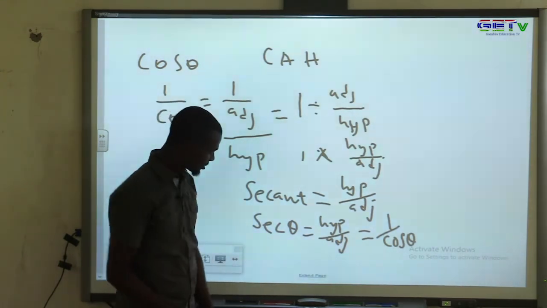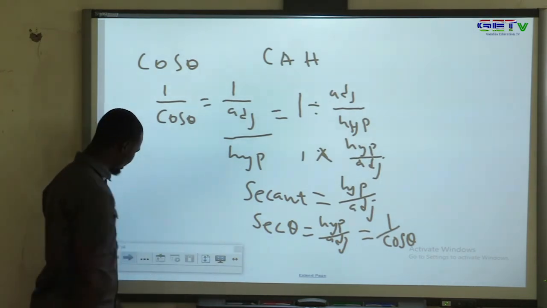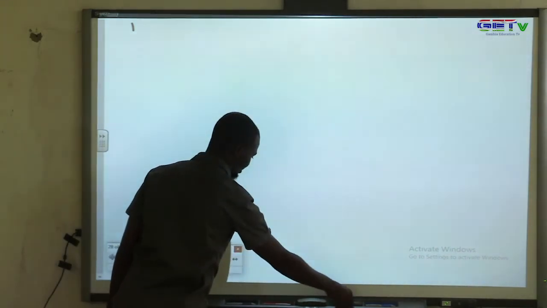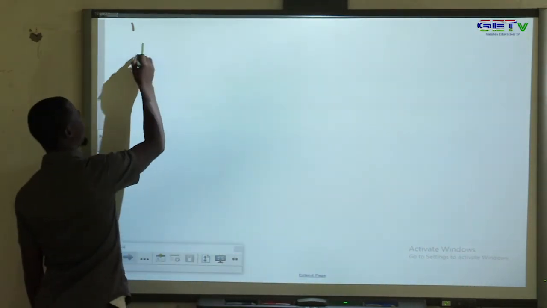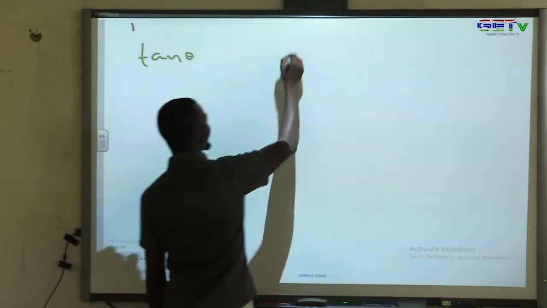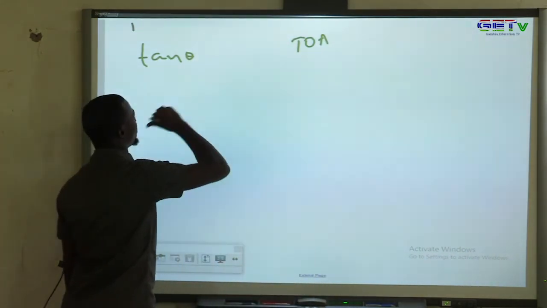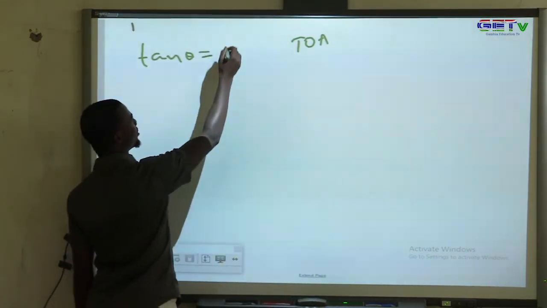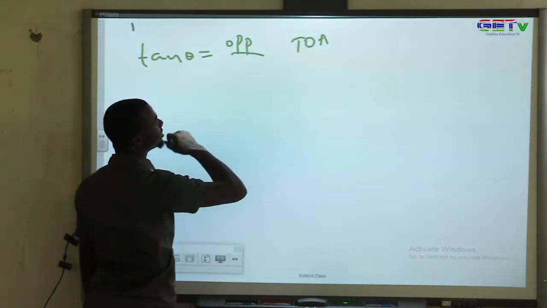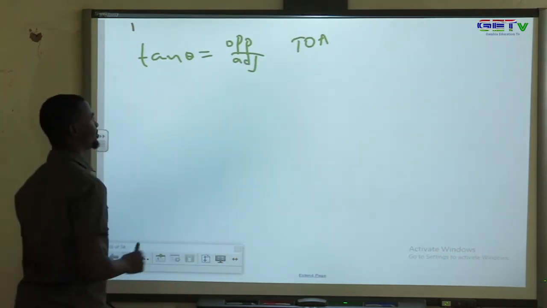So we look at the third reciprocal, that is tan. The third reciprocal is tangent. So we look at tan theta. We know tan is the last set of 3 letters, that is TOA. So tan theta is opposite over adjacent.